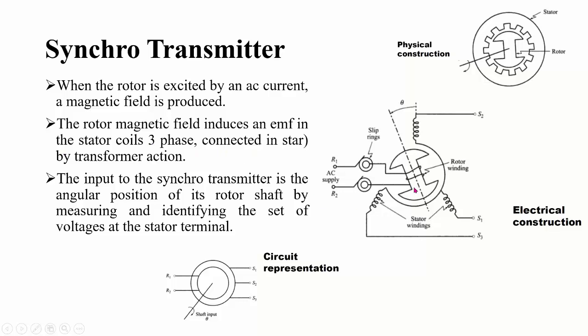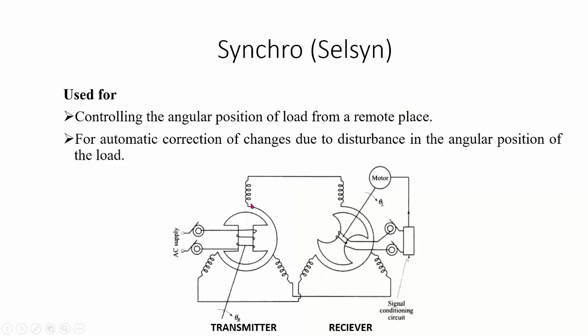Since there will be an alternating flux produced by the rotor winding, this alternating flux will induce EMF in each of these 3 windings, and that will depend upon the angle at which the rotor is oriented from all the 3 windings. In this figure, you can see that the rotor is oriented at an angle 0 from this stator winding, so this rotor winding has 0-degree orientation.